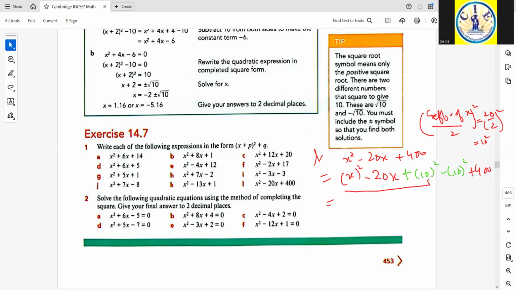Now, these three terms would complete the square, x minus 10 whole square. Now, this is the second term b, this is the first term a. So that's why I've done a, b, and in between them there is a negative sign, because the 2ab term is in the negative sense. That's why.